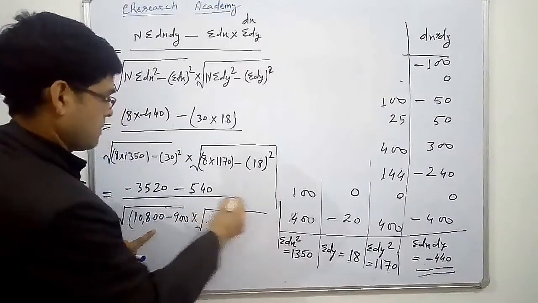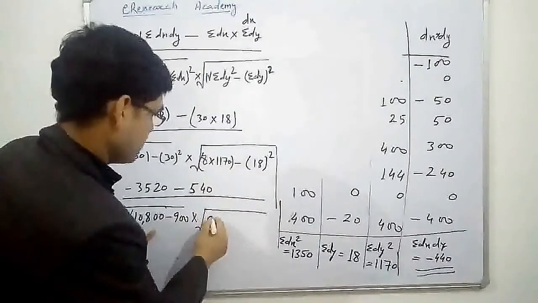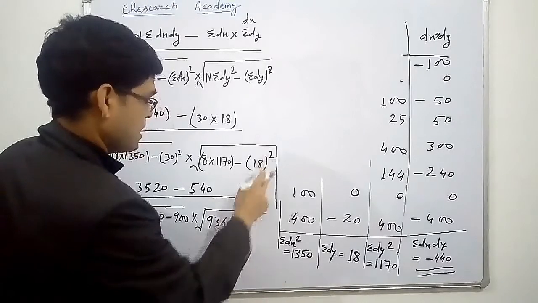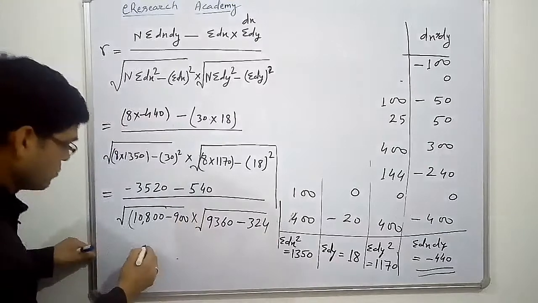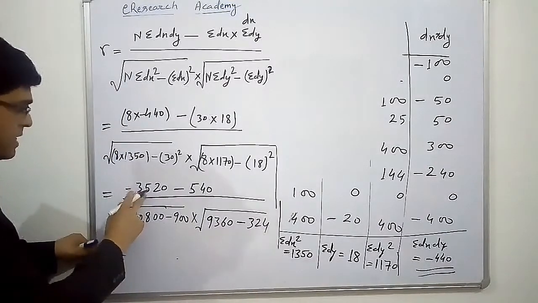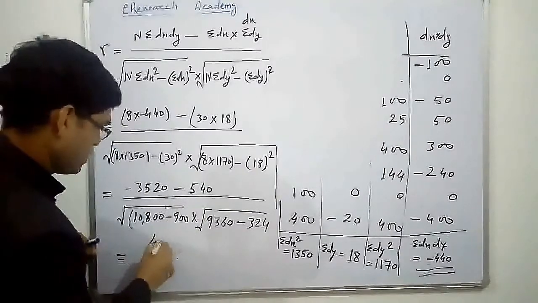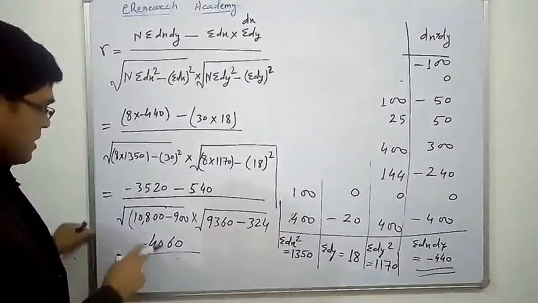Then 8 into 1170 is 9360 minus 18 square, which is 324. Now solve it: minus 3520 minus 540 will be 4060, and the value will remain negative.